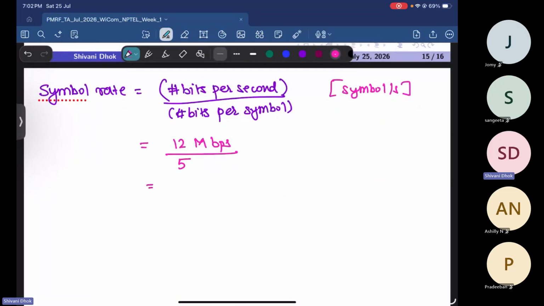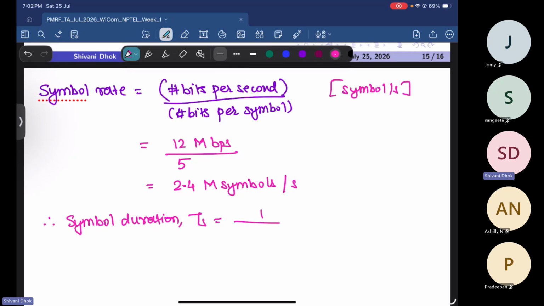So this is nothing but 12 by 5, that is 2.4 mega symbols per second. Therefore, the symbol duration Ts is 1 over your symbol rate, that is 1 over 2.4 into 10 raised to 6, which is nothing but 0.42 microseconds.